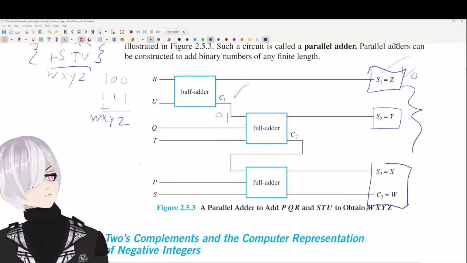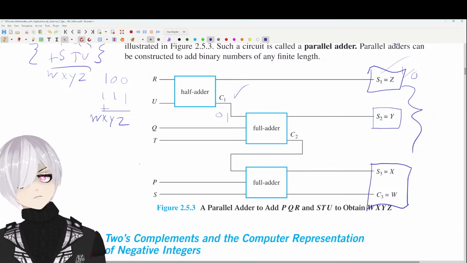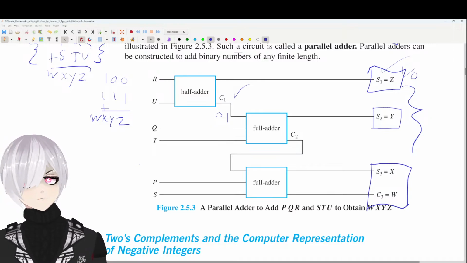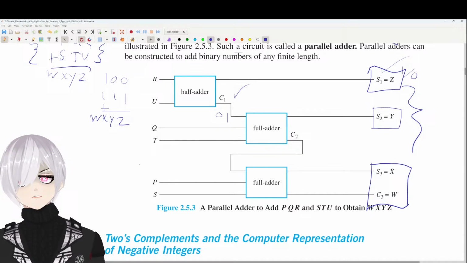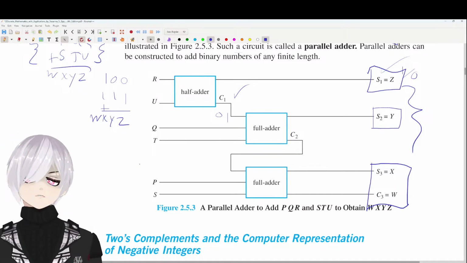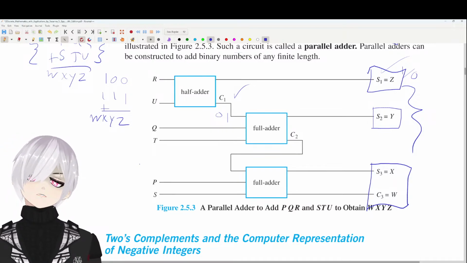I think you just outlined what a full adder does. Yeah, C2, P and S. It adds them, and then it gives you a sum, which is C3 S3. That's just what they call it.